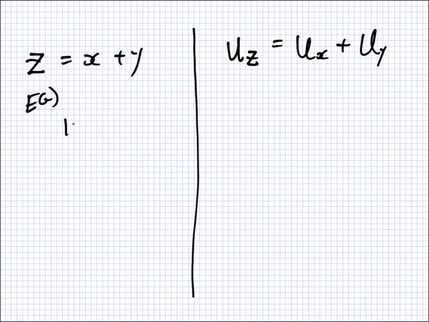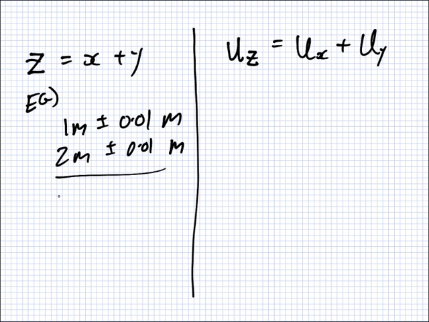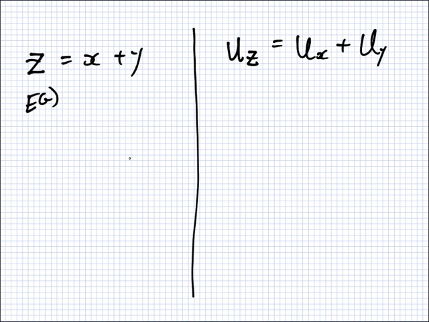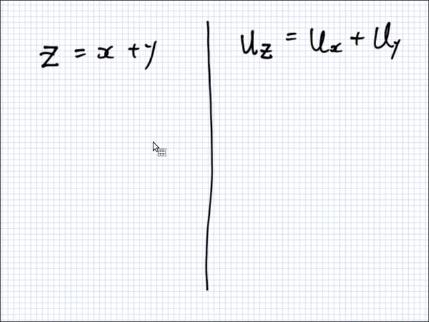If I said x was 1 meter plus or minus 1 centimeter, and y was, let's say, 2 meters plus or minus 1 centimeter, what would be z? z would be 3 meters, plus or minus 2 centimeters. Makes sense? That's obvious, I think. So that's the first rule. If you want to write that down, please. Rule 1.